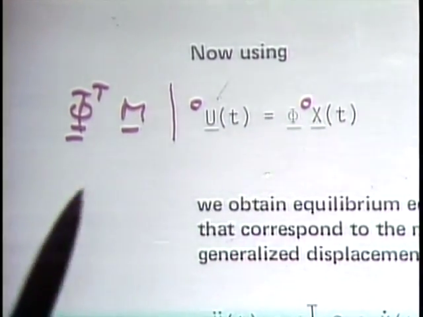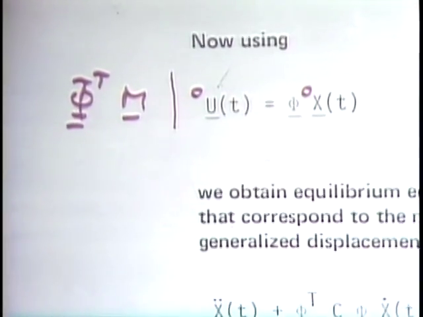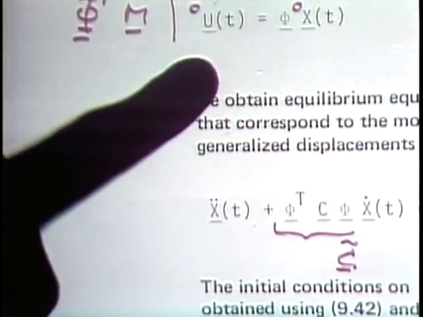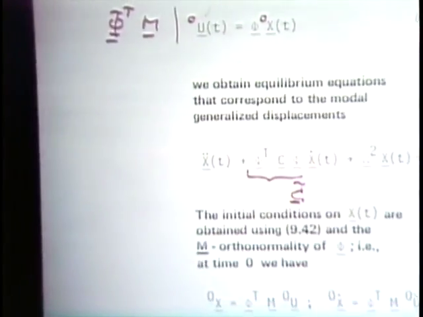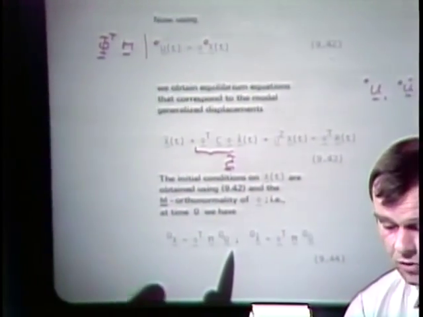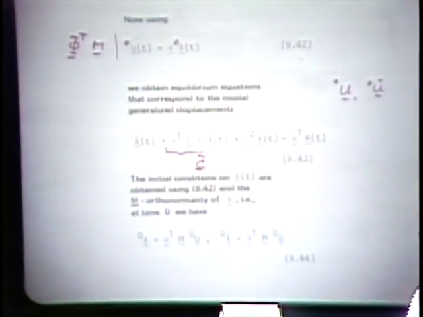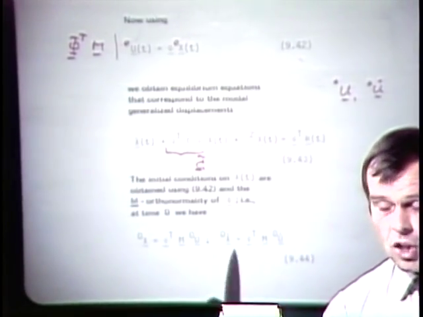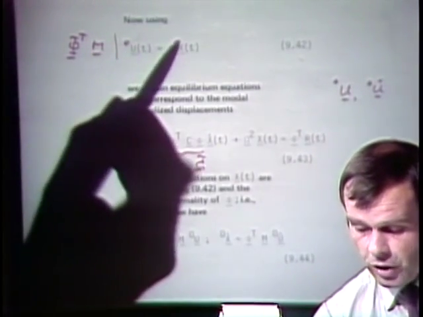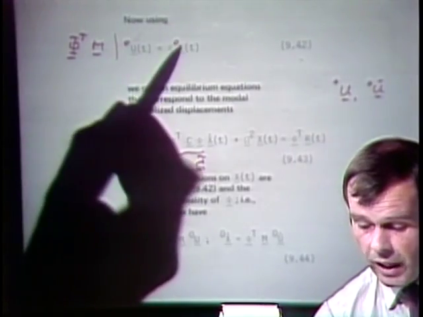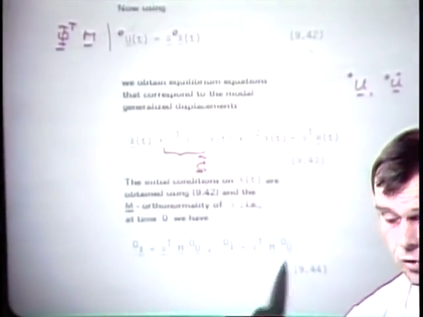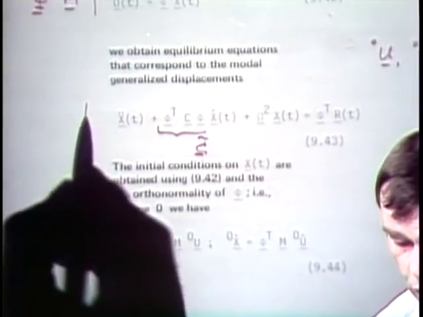And so we have this relation directly obtained. The left-hand side in this equation is the right-hand side in this equation, and the right-hand side here is simply this x at 0 now. The same holds also for the initial velocities. We can simply put dots on top of the u here and of the x, and therefore we have this relation here. So the solution of this set of equations, subject to these initial conditions, gives us the solution of the dynamic response.